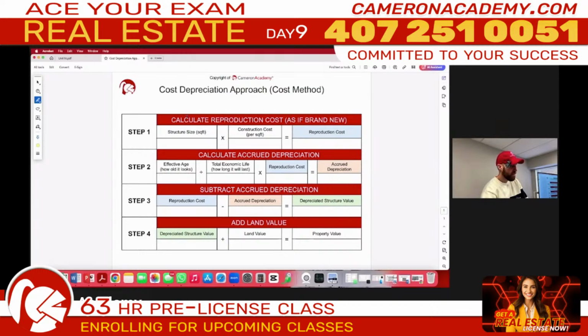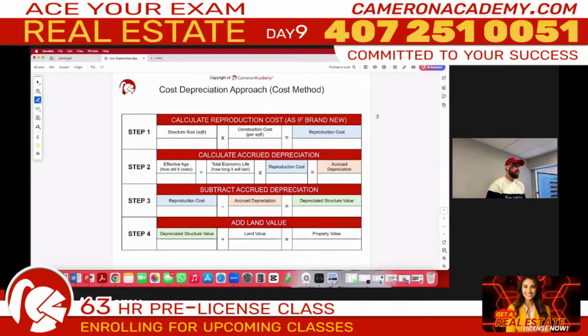The first step when calculating the value of a property using this method, this approach, factoring depreciation, you first start with the reproduction cost of the structure. Reproduce the structure as if it's brand new. Let's make up an example so you can see how it works.